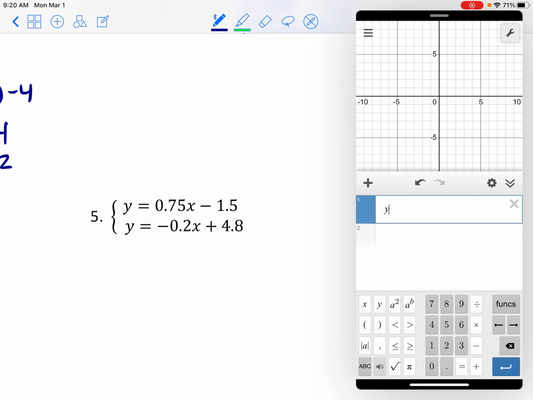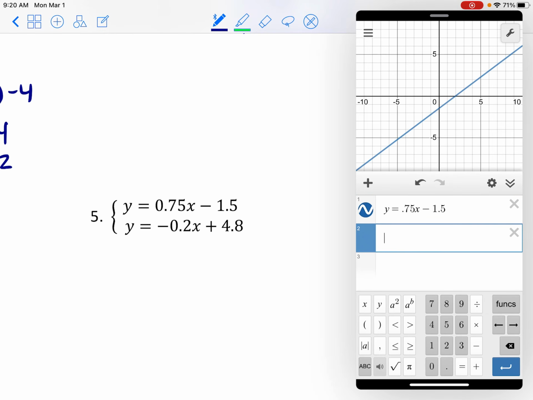So let's use Desmos here. y equals 0.75x minus 1.5, and then y equals negative 0.2x plus 4.8. And there we go.